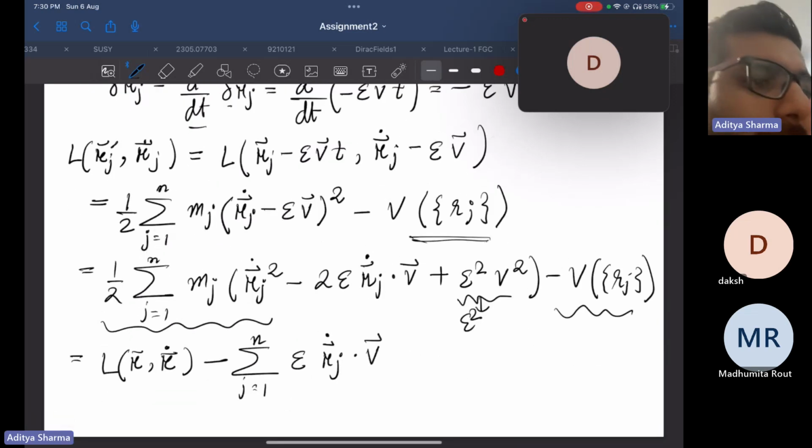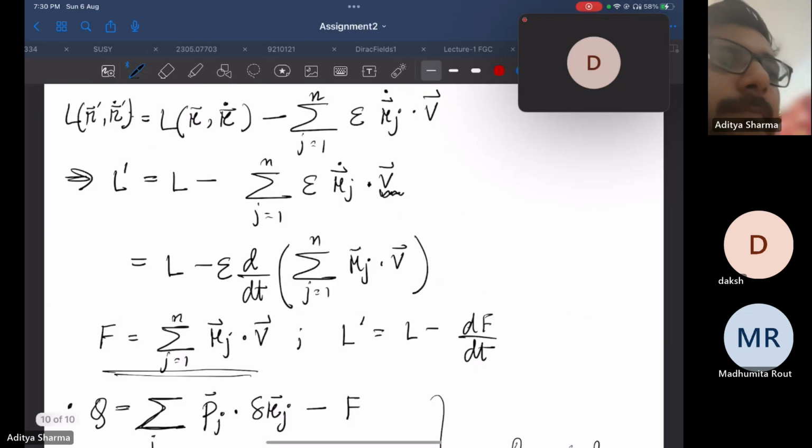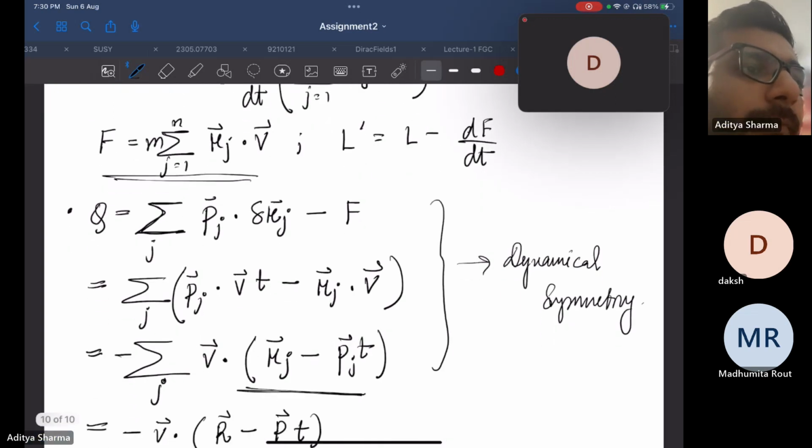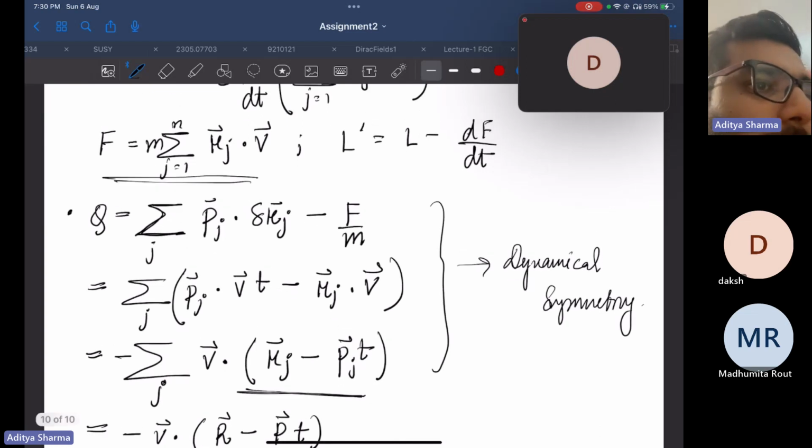There should be an M. So F by M is this quantity.